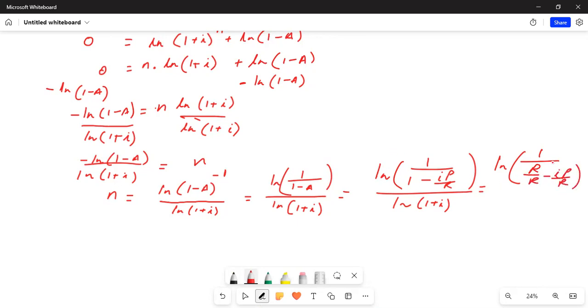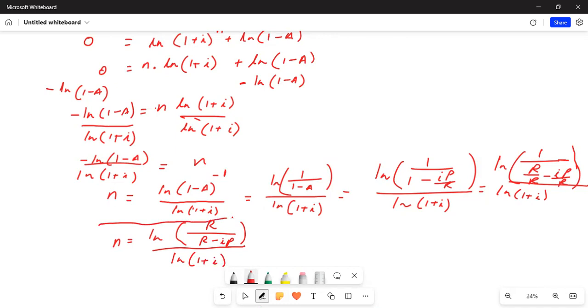So 1 is written as R divided by R, the whole thing in big parentheses, and then divided by ln (1 plus i). So this is simplifying to n is equal to ln of, with the R in the denominator coming to the numerator, R divided by (R minus iP), divided by ln (1 plus i). So this is your final solution. This is your answer.